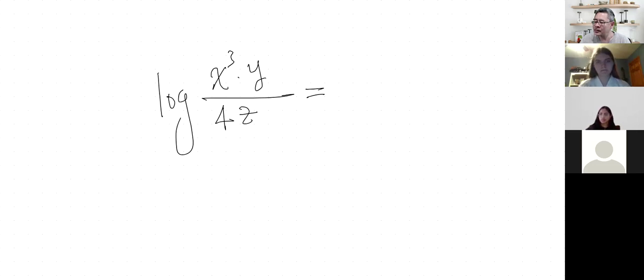Log of x raised to the power of 3 plus y to the power of 2 minus 4.